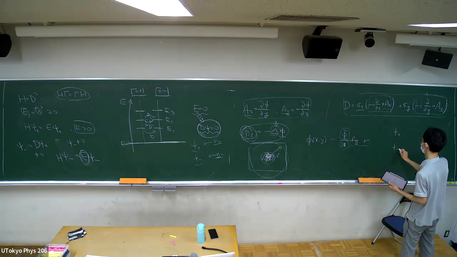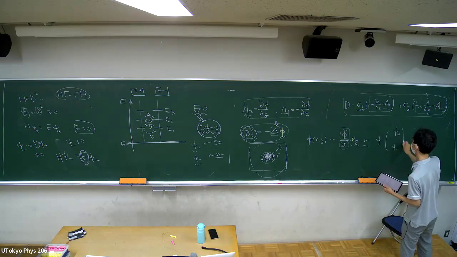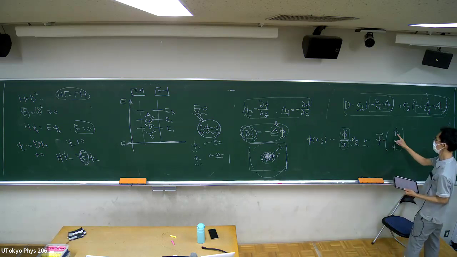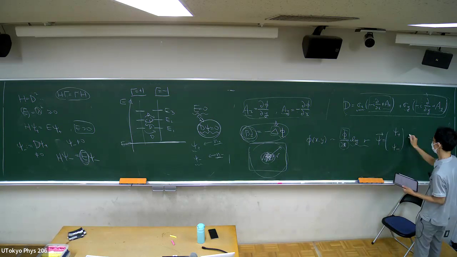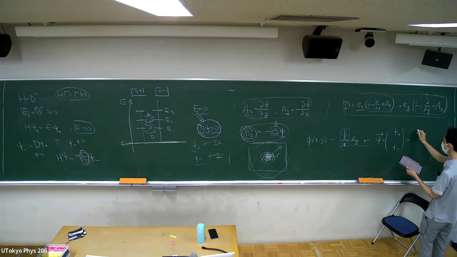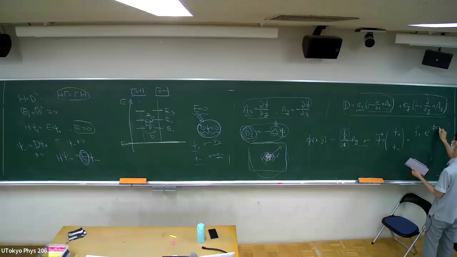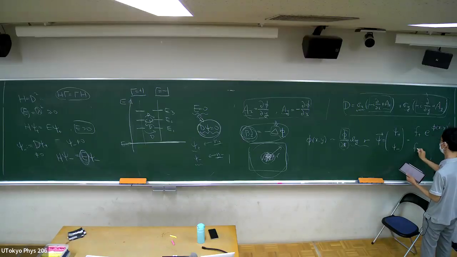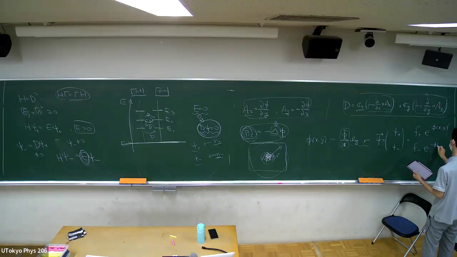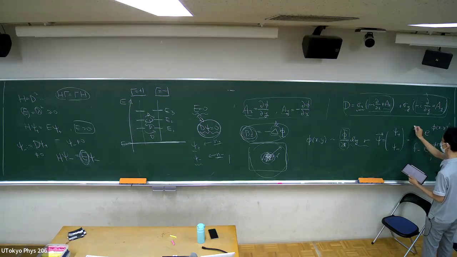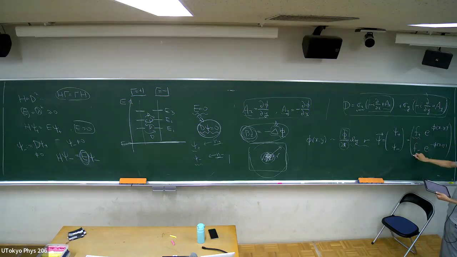Now, we had psi, two-component psi given by this. And you rewrite it using f plus, which is this, and f minus, which is this. So I just define f plus and f minus.